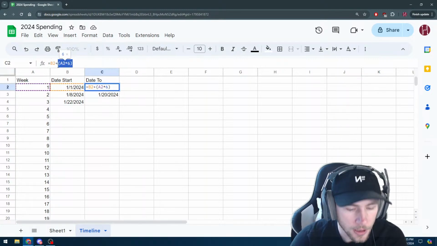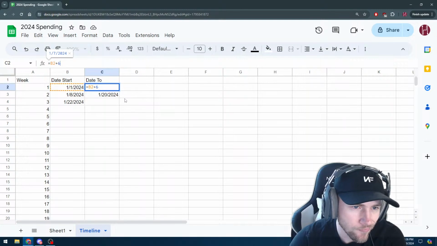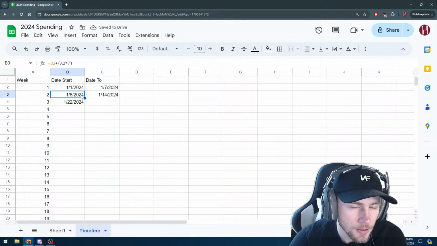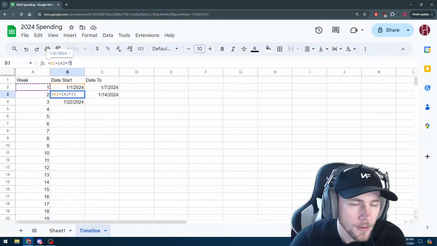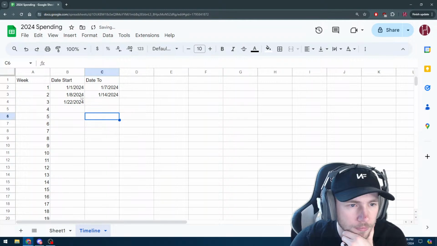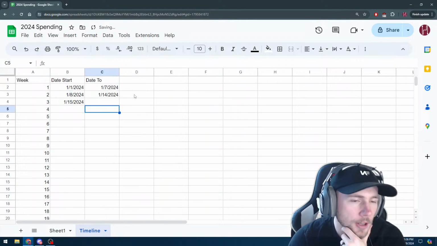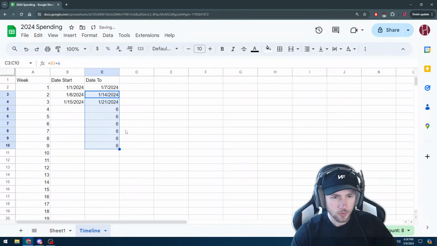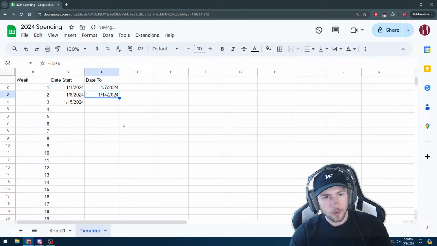This should just be plus 6. Okay. And then this should just be plus 7. I was trying to make that a lot more complicated than it needed to be. Cool.